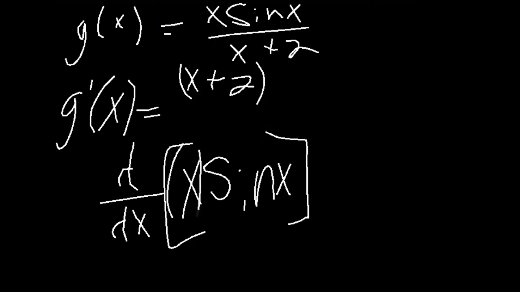So as you can tell, there's two functions that are multiplying each other. We have x times sine of x that are multiplying.